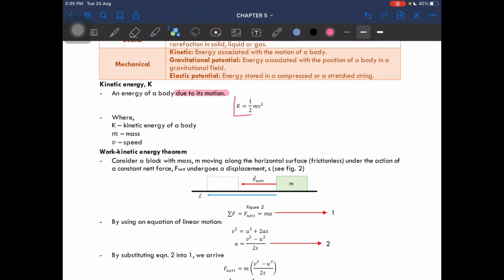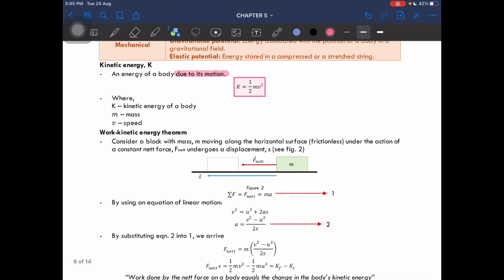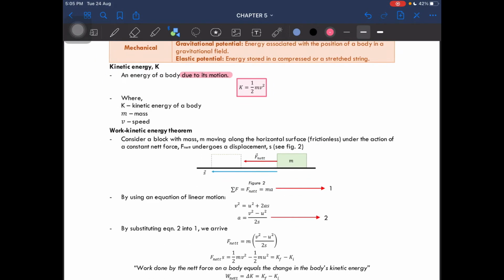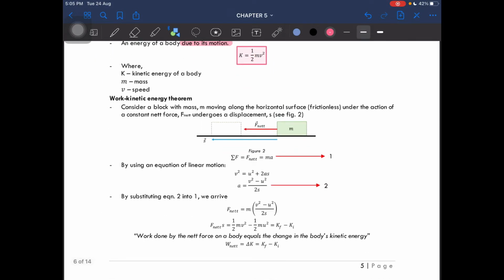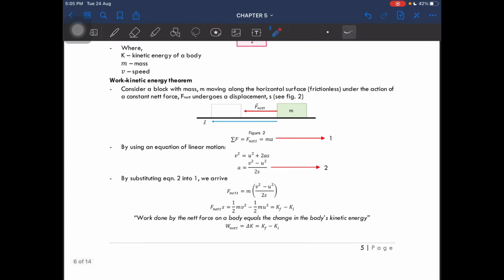This is the formula. And then let's look at the work kinetic energy theorem. This is the derivation of how we obtain this formula.